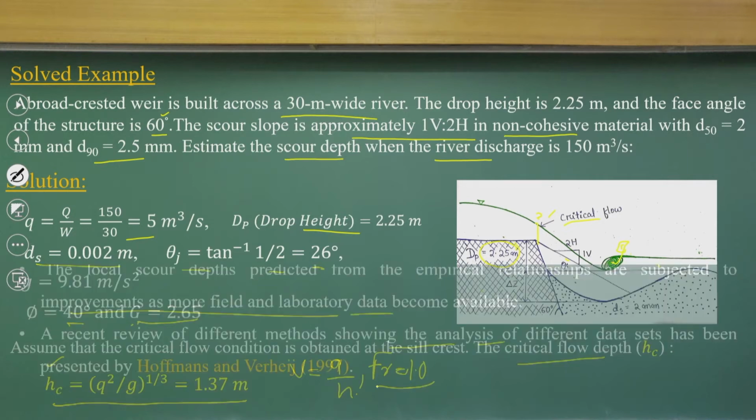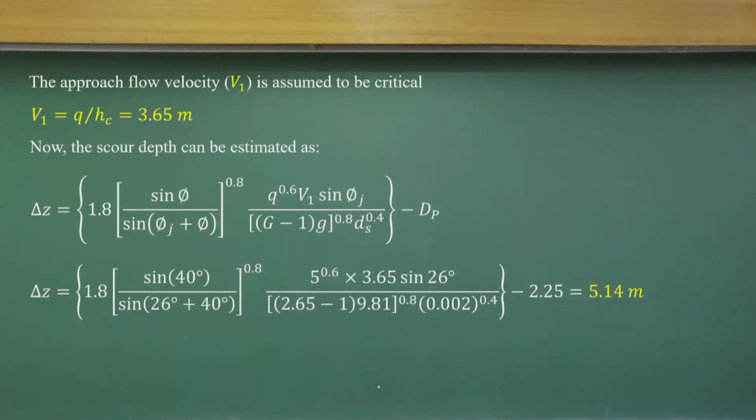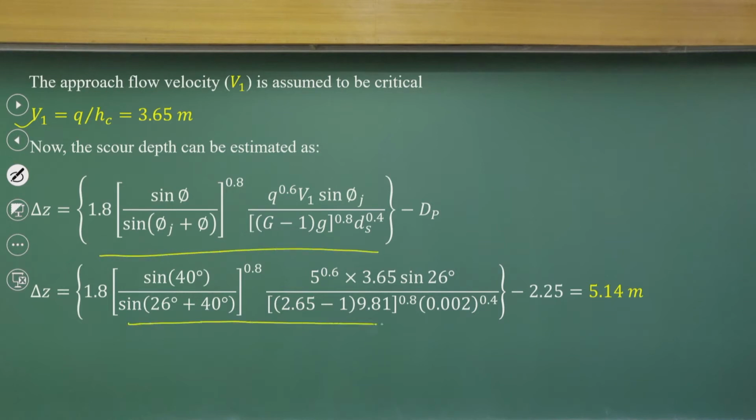Now, V1 we are getting for the critical depth, then we just substitute these values, as given, to estimate what will be the delta z. Here it comes out to be 5.14 meters, and this is the drop height, and we are computing what the scour depth will be.